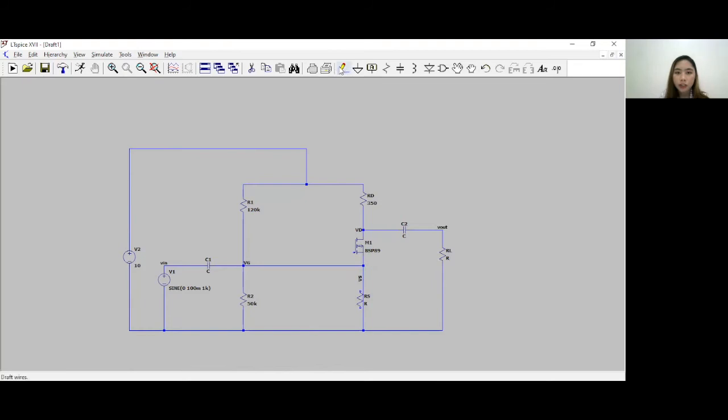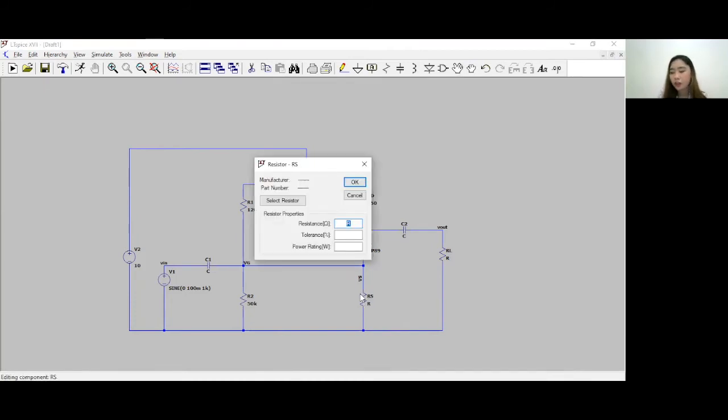We need to move the RS. So for the RS, we will be using a value of 75 ohms.